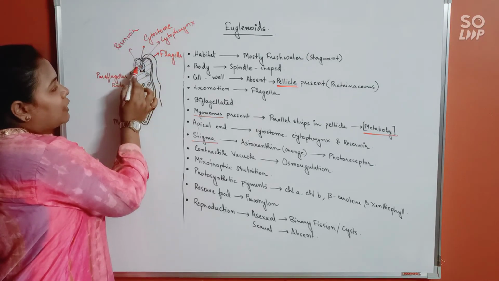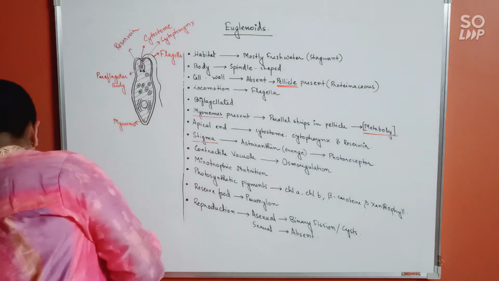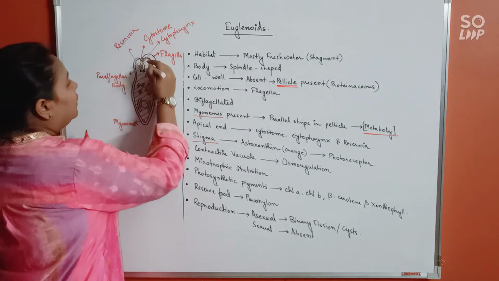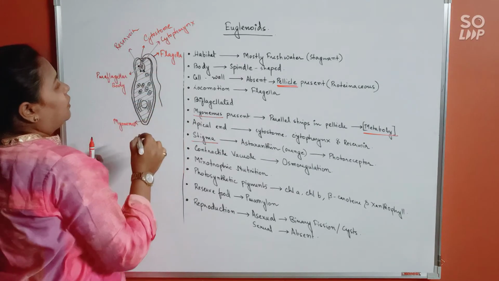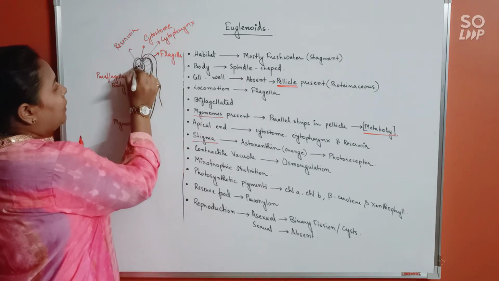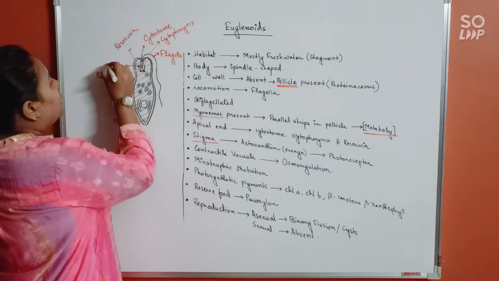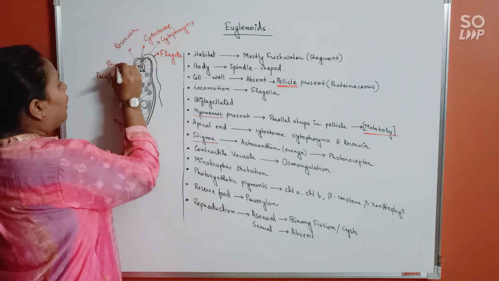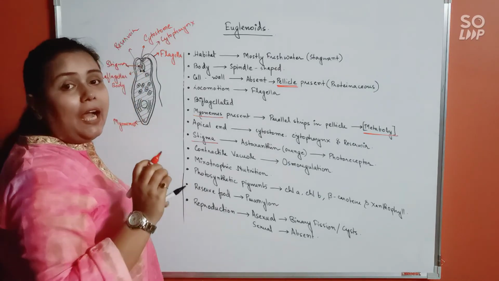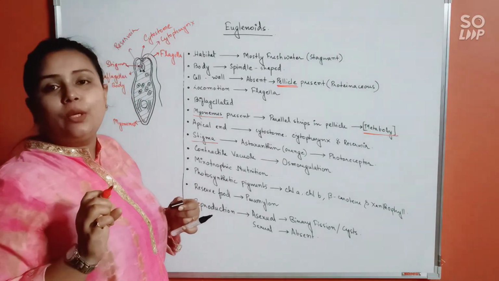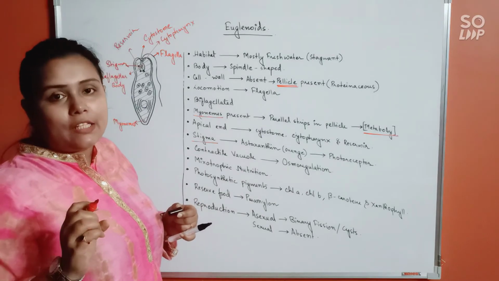Right? Just adjacent to it, you have another structure here. This structure adjacent to the paraflagellar body is known as stigma or eye spot. Okay? It is known as stigma or eye spot.